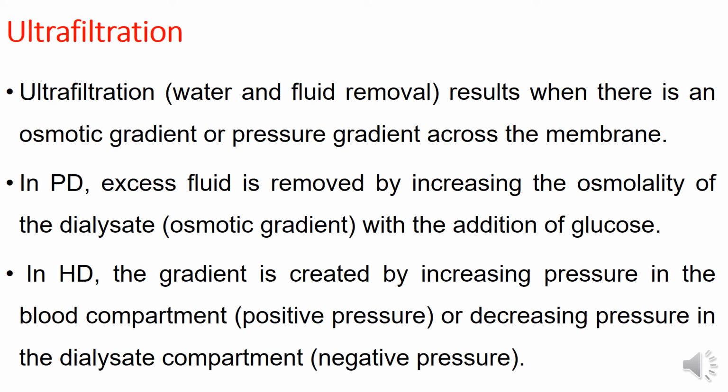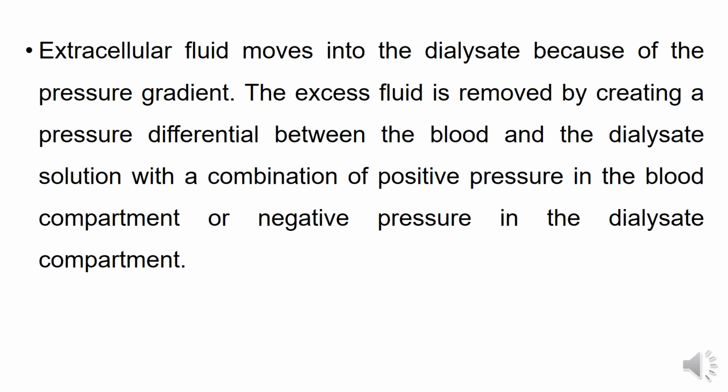To make a negative pressure, we decrease the pressure in the dialysate compartment. We increase the pressure in the blood compartment and decrease the pressure in the dialysate compartment, and through this we make a negative pressure. This is called ultrafiltration.